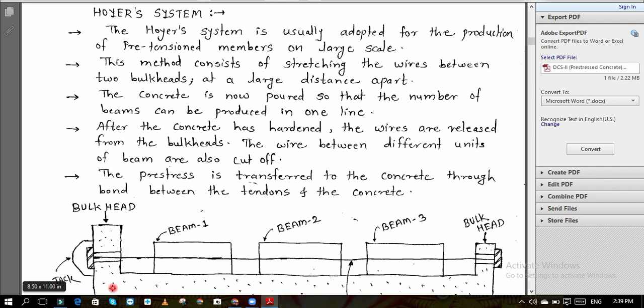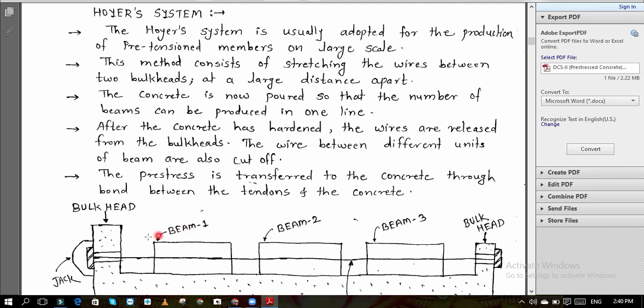Then here the concrete is now poured so that a number of beams can be produced in one line. So एक दो तीन जितने भी बीम रहेंगे उस सब बीम में कंक्रीट भर दिया जाएगा. In all beams the concrete is poured. Then after the concrete has hardened, the wires are released from the bulkheads.